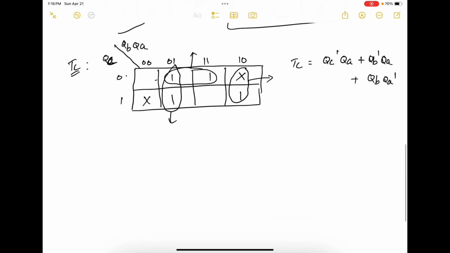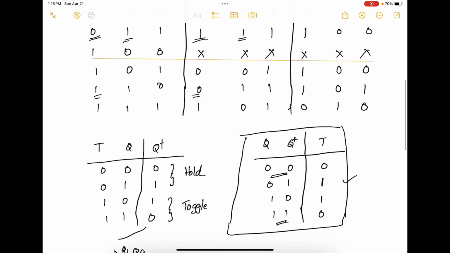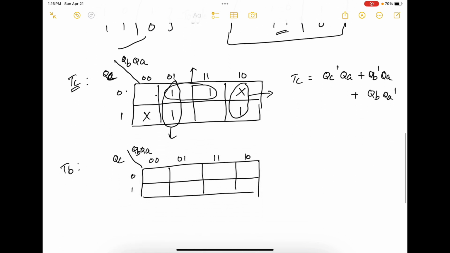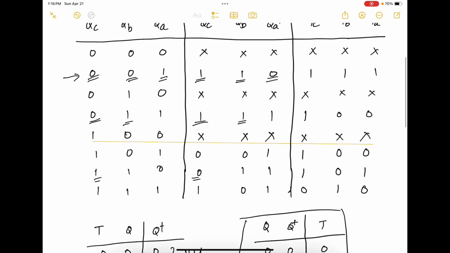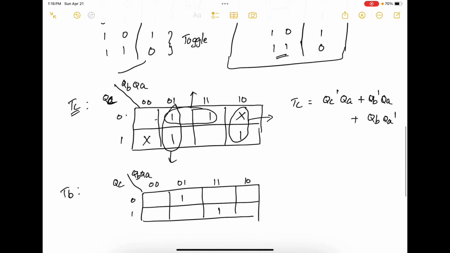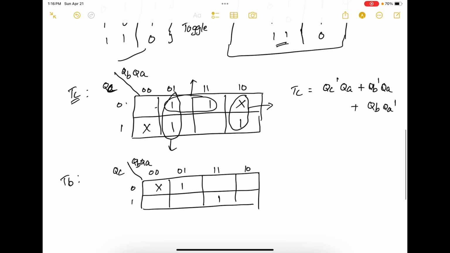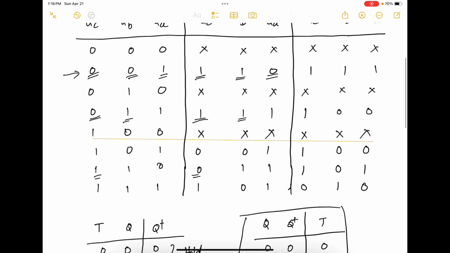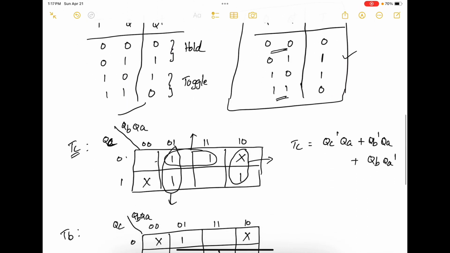So let's start with TB. So TB is asserted when it is 0, 0, 1 and 1, 1, 1. And it is don't care for 0, 0, 0, 0, 1, 0 and 1, 0, 0.